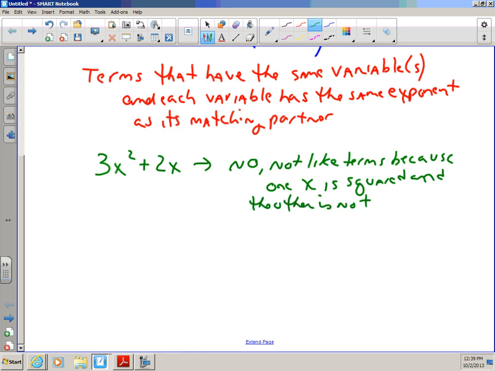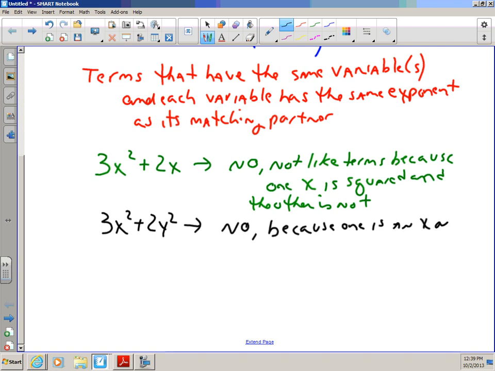So combining them would be a violation of the order of operations. In the second example, yes, each of the variables are squared, but no, they are not like terms because one is an x and the other is a y.